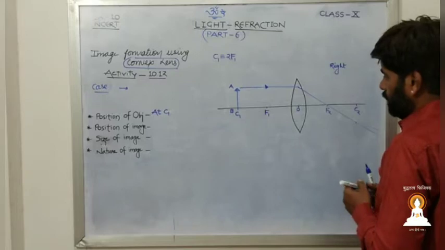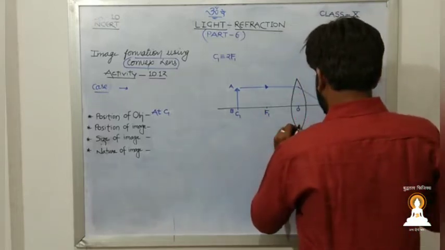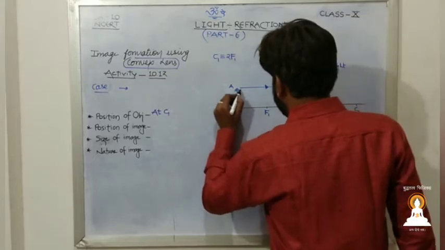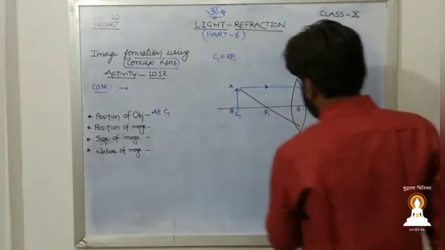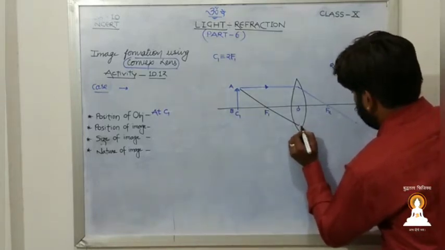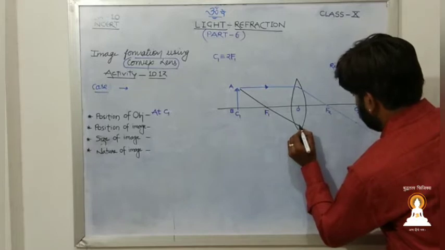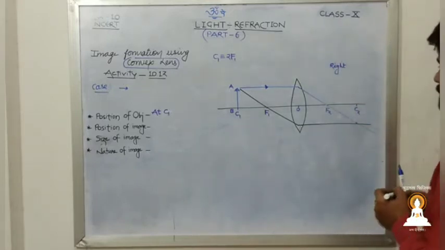In rule number 2, what we used to have: when a light ray passes through the focus, just after refraction it will be parallel to the principal axis.